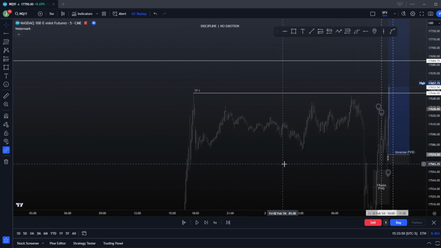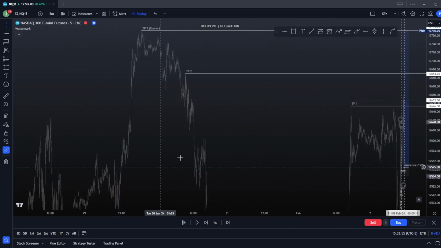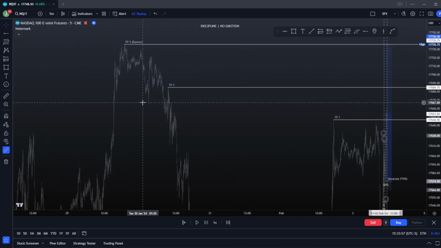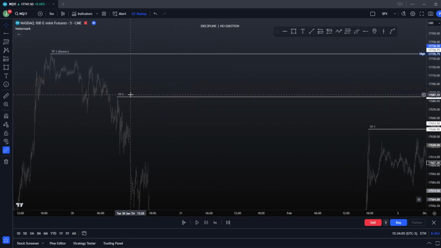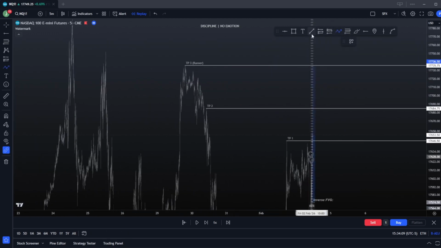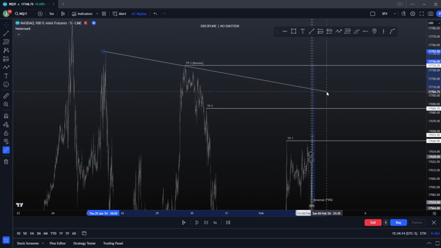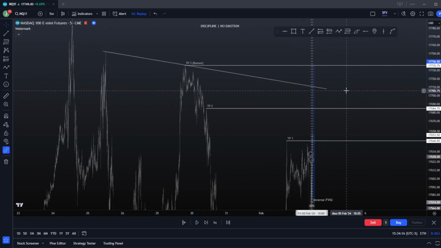So, yeah, this is our TP. We go back. We're looking for that head and shoulders kind of formation, so we're expecting a big push. So we're going to target this area of liquidity, this little high right here, because you never know, it could react off a trend line for all we know.